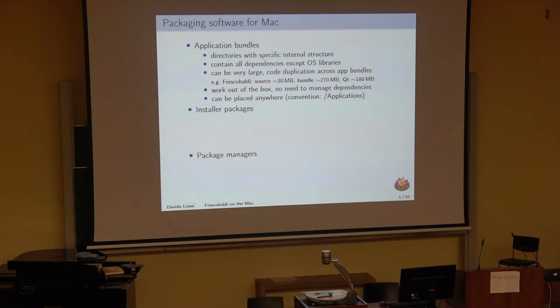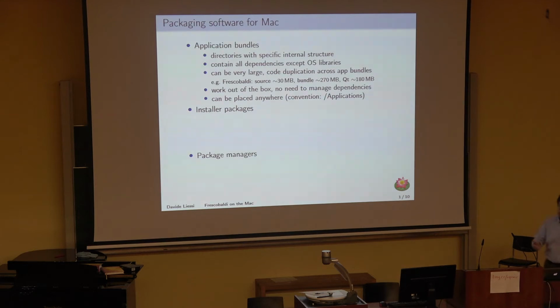And as such, they can be very large, because, for example, the source of Frescobaldi is about 30 megabytes, but the application bundle is about 270 megabytes, because there is Qt included, and there are also other libraries included.